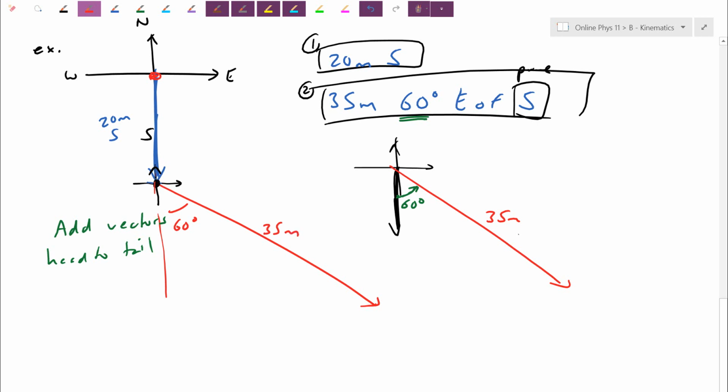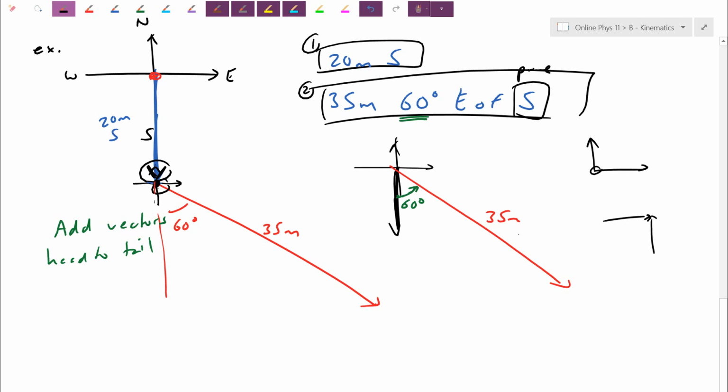And when I say add head to tail, the head of the blue arrow is added to the tail, the back end of the red arrow. We never add arrows so that both back ends are connected or both front ends are connected. It's always you did the first one, now from there plot another coordinate system, now do the next one.